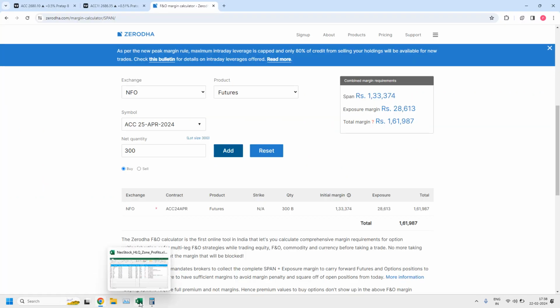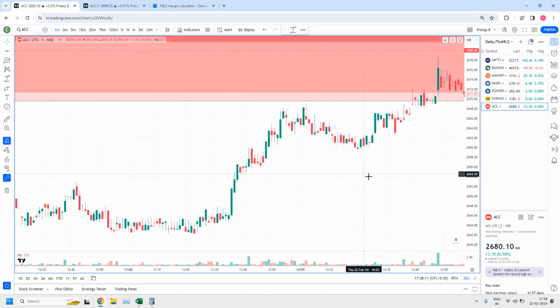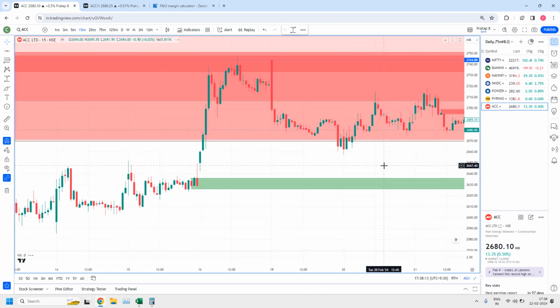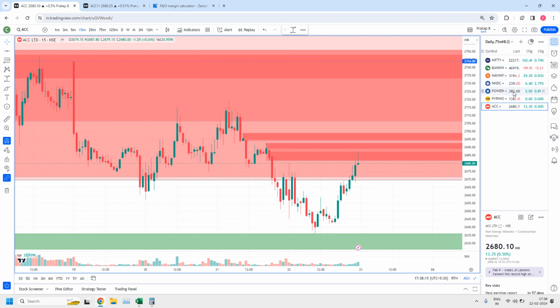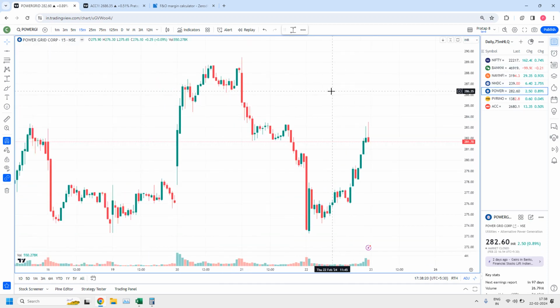Next, what is the next opportunity we got today? The next opportunity we got is in POWERGRID. Let me open the POWERGRID.